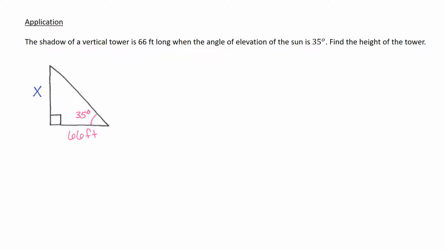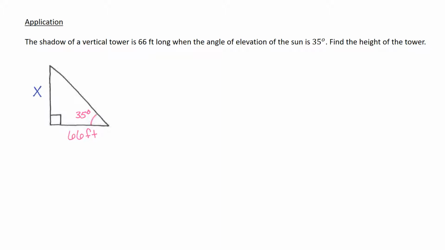Now, the angle of elevation of the sun is 35 degrees, so that's going to represent the lower angle here. So we're talking about the angle from the tip of the shadow to the top of the tower. Now, I want to find the height of the tower, so I'm going to put an X on that vertical side.